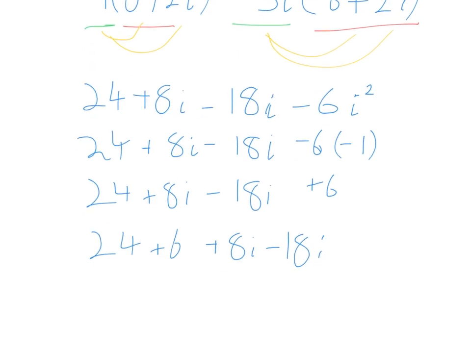Now that they're grouped together, we'll simplify them. So 24 plus 6 gives us 30, and 8i minus 18i is going to give us minus 10i. At this point now, we've simplified the whole thing down to being one complex number, so we could be happy enough that our work is done in simplifying this.